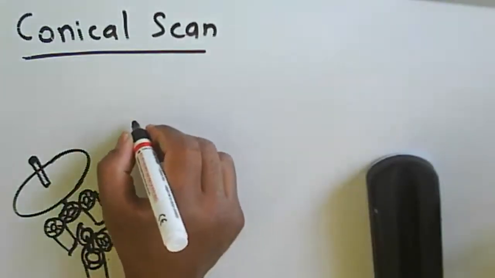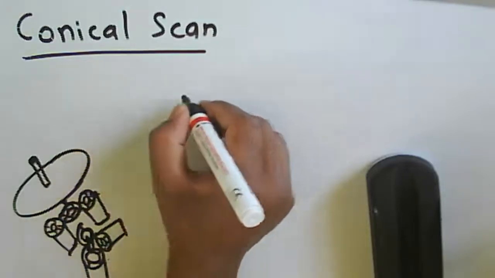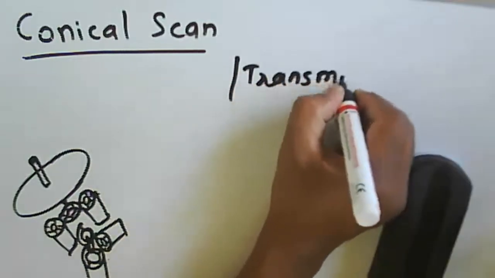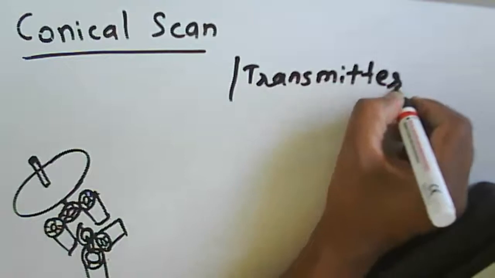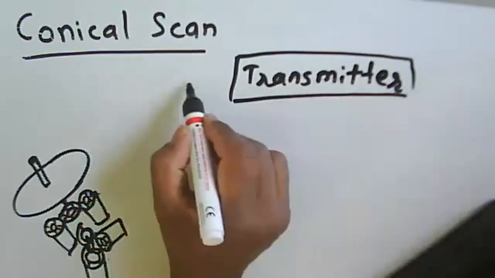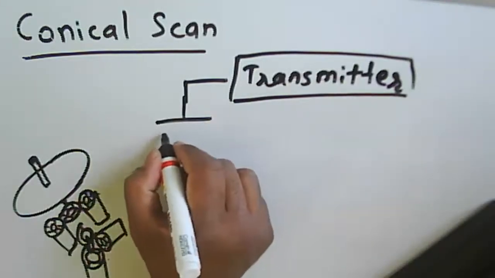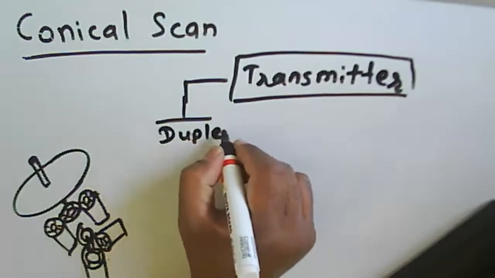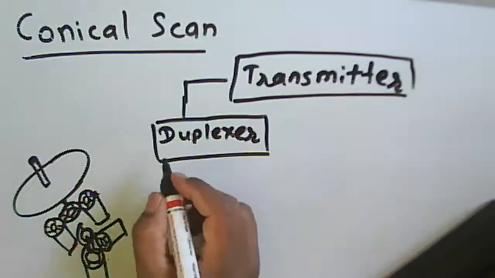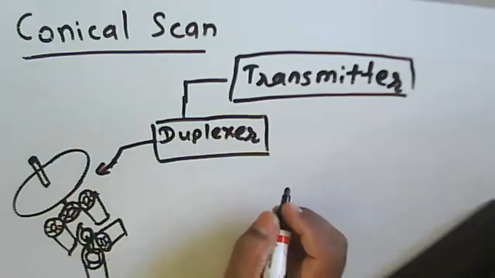Then we need to provide a transmitter. For the transmitter we consider both, so there is a duplexer here, and that will be given to the antenna.